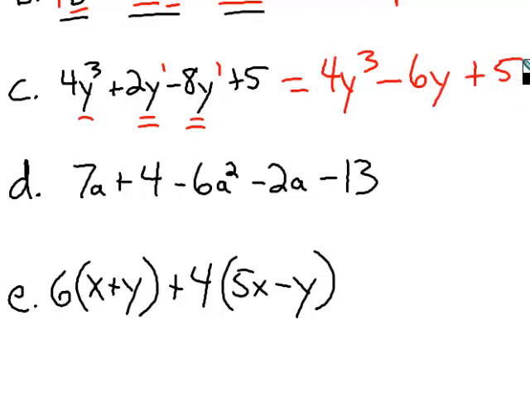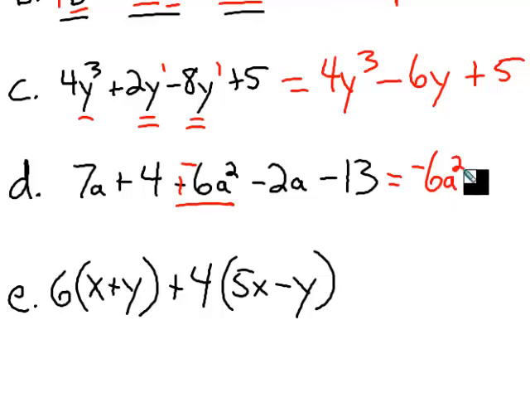Example D. I have 5 terms. Oh, wow. Well, I'm going to start here. I have -6a squared. If you remember, you can do keep, change, opposite if you wanted. So what I'm going to do is start with that one. I have no other a squared terms, so I'm just going to write -6a squared. Then I'm going to go to the next power.